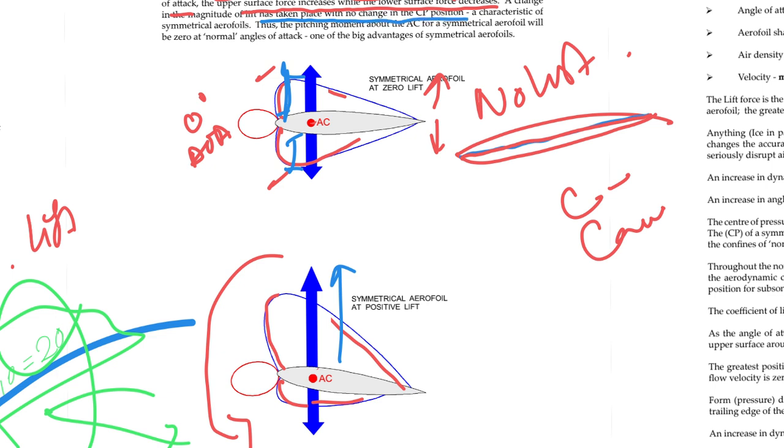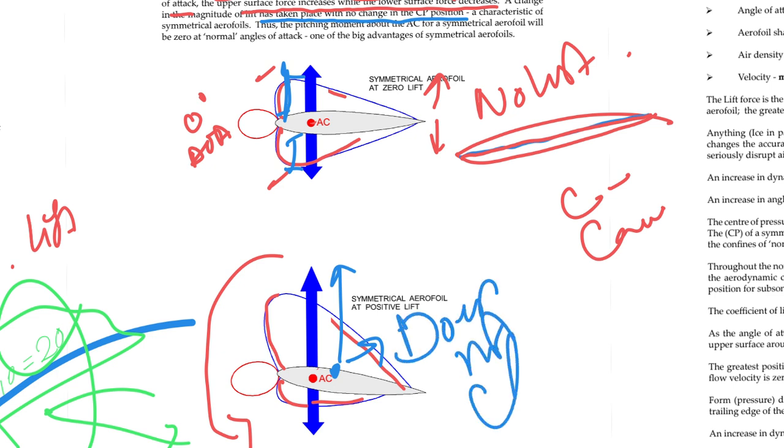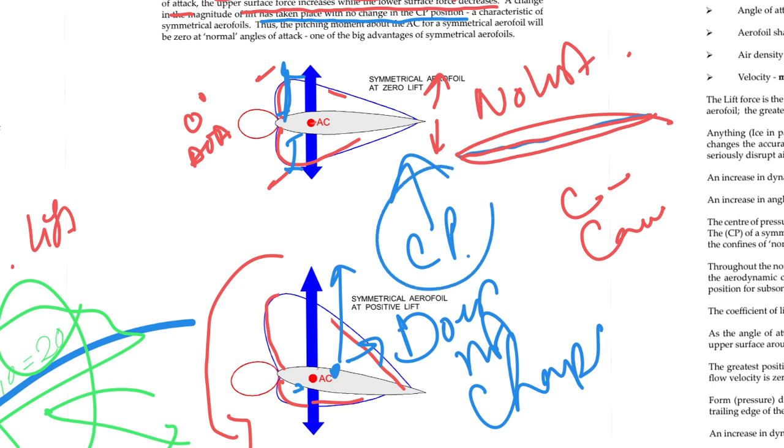Now what happens here is very interesting. For a symmetrical airfoil, the CP position does not change. I'm not talking about AC, the aerodynamic center, I'm talking about CP, the center of pressure, where the lift is produced. That CP position also does not change in a symmetrical airfoil.